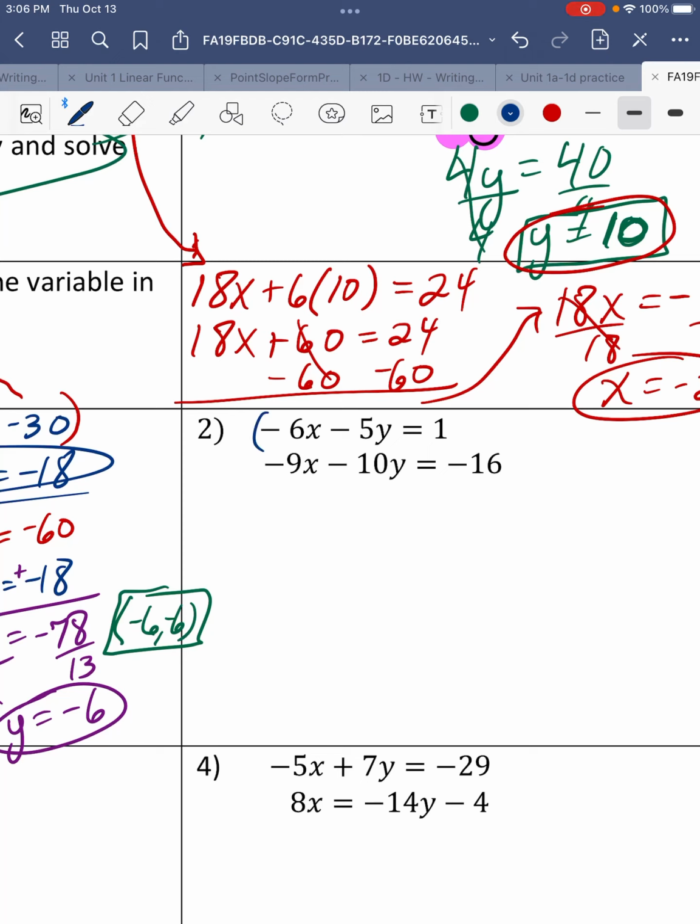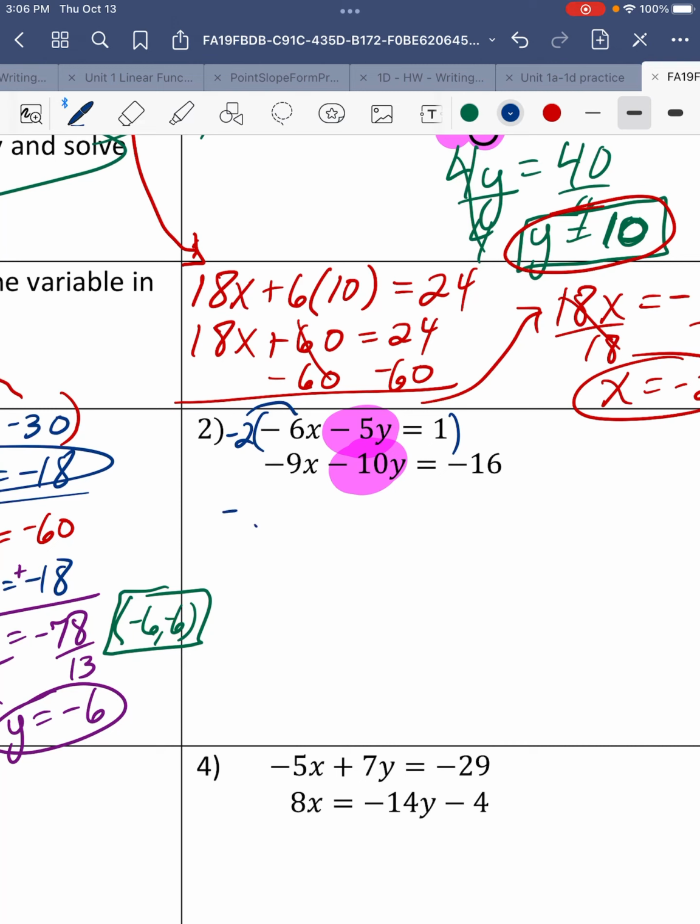You could multiply the top equation by negative 9 and the bottom equation by negative or positive 6. That will give you 54x and negative 54x, so that would work. Instead, I'm going to look at the y values. I want to get these opposite because that's the easiest.